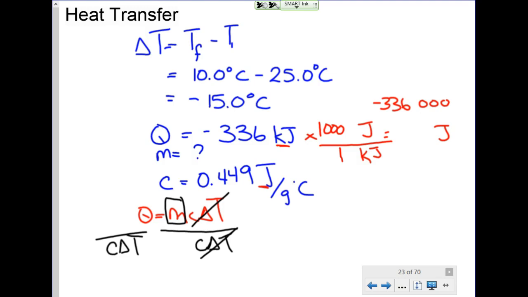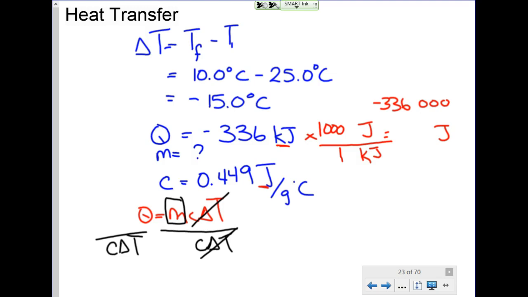When you take negative 336,000 divided by negative 6.735, you should get 49,886 grams, but you're right.